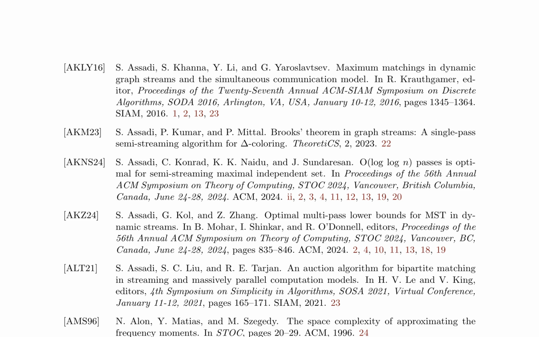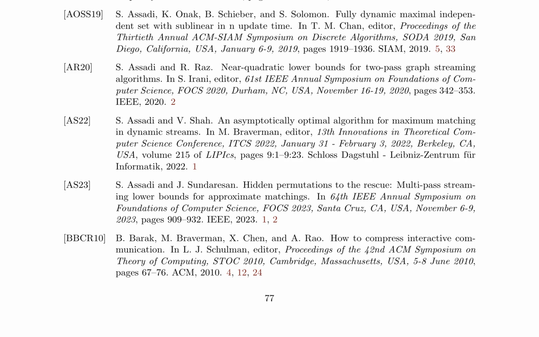The authors contribute a semistreaming algorithm for delta coloring, AKNS24, optimal multipass lower bounds for minimum spanning tree in dynamic streams, AKZ24, and an auction algorithm for bipartite matching in streaming and massively parallel computation models, AL21.